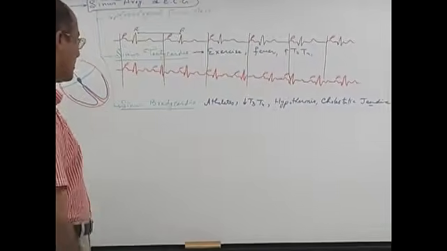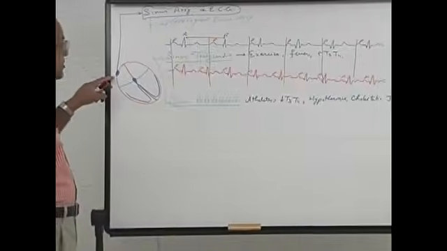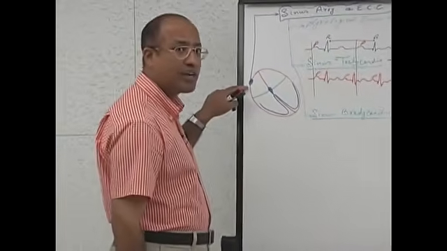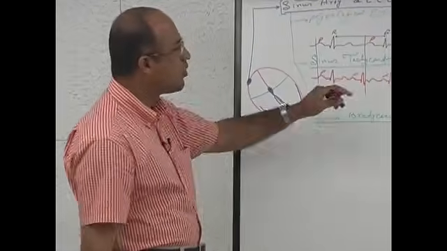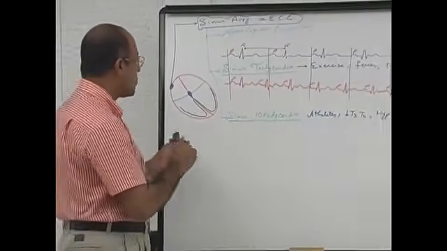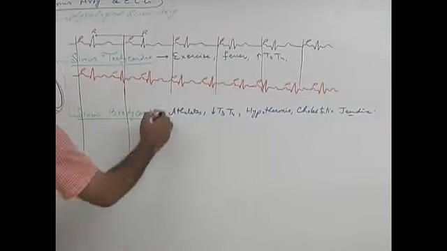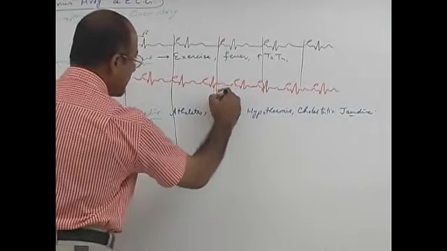So whatever the reason, if there is anything which is pathologically slowing the SA node automaticity, then naturally when you look at the ECG pattern, you will be able to find the evidence of bradycardia.